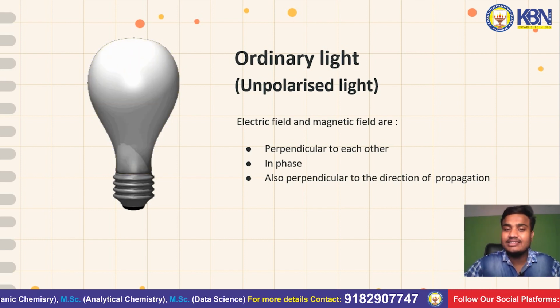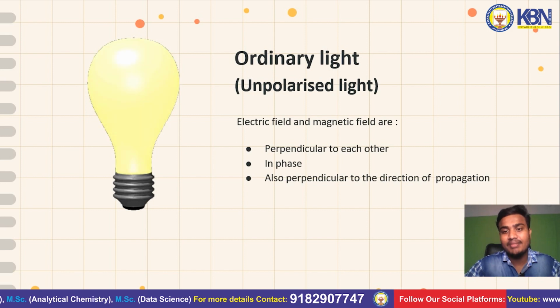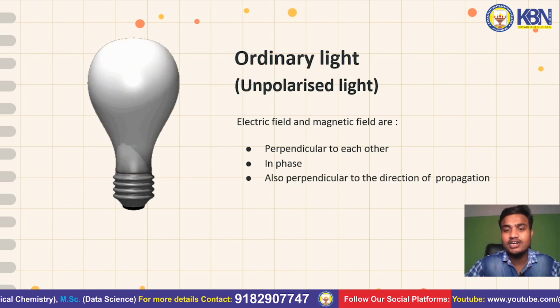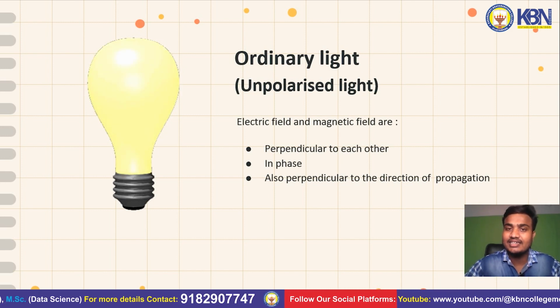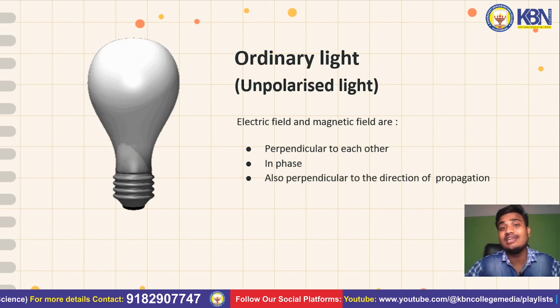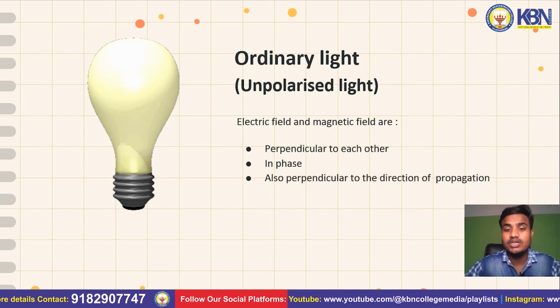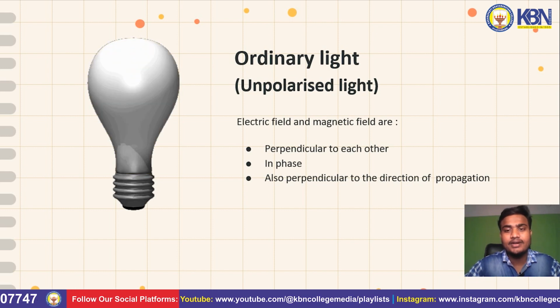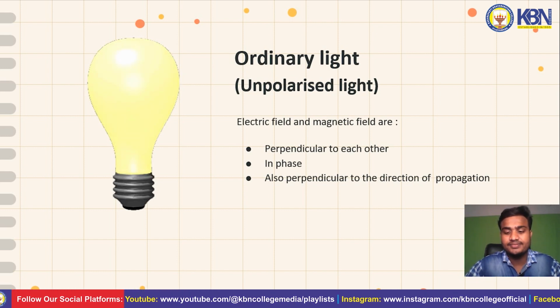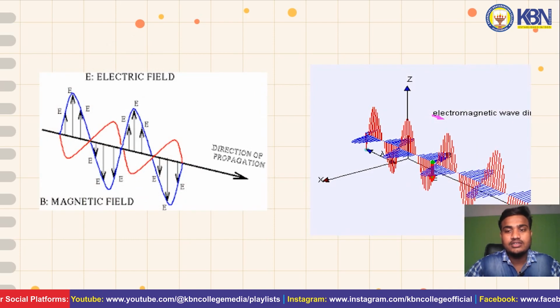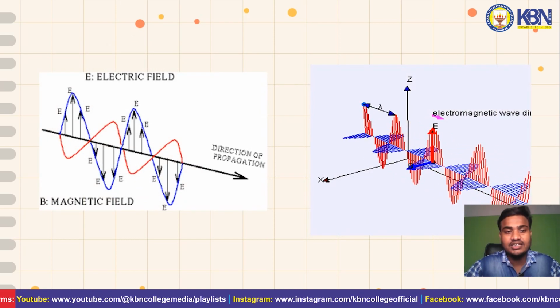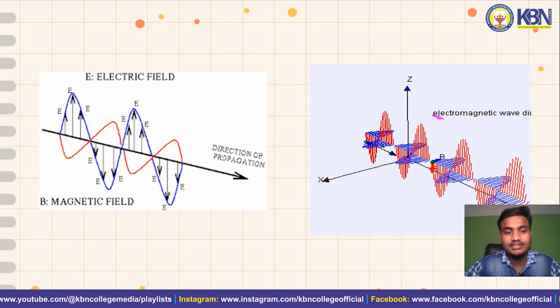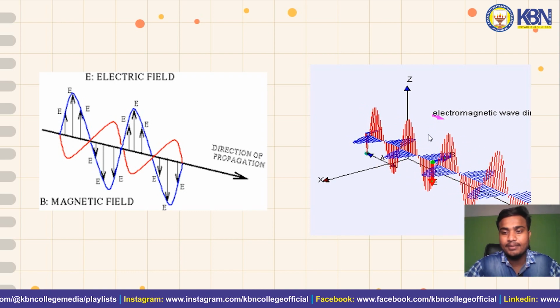So ordinary light consists of electric field as well as magnetic field. Okay, they are perpendicular to each other. Both electric and magnetic field are perpendicular to each other and they are in phase with each other. Also, both electric and magnetic field are perpendicular to the direction of propagation. As in this diagram you can see that electric field and magnetic field are perpendicular to each other.